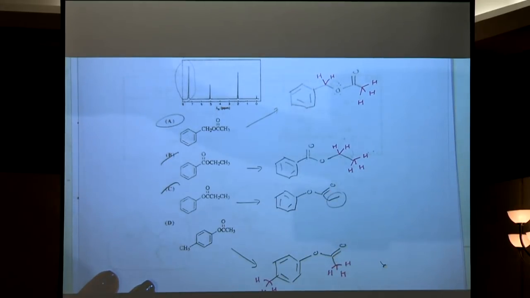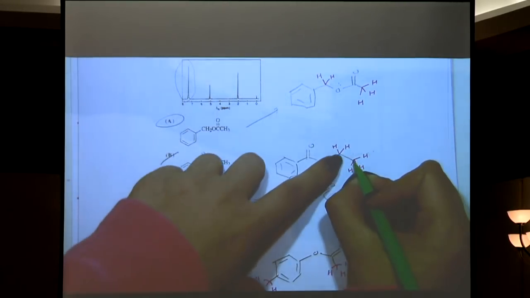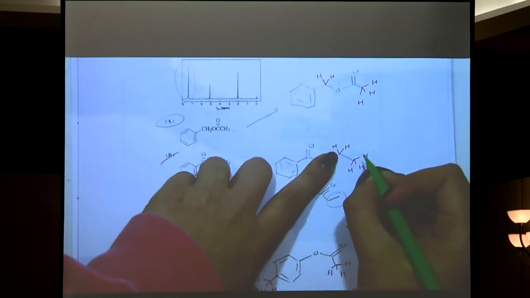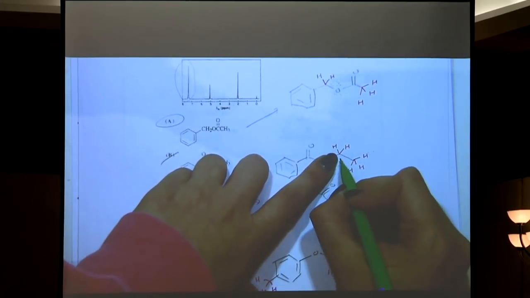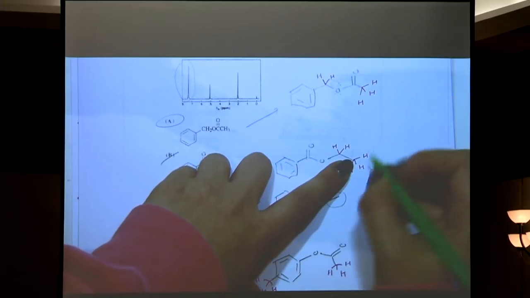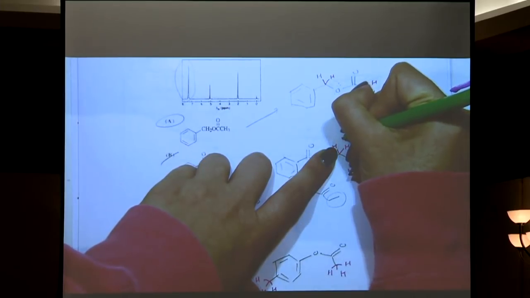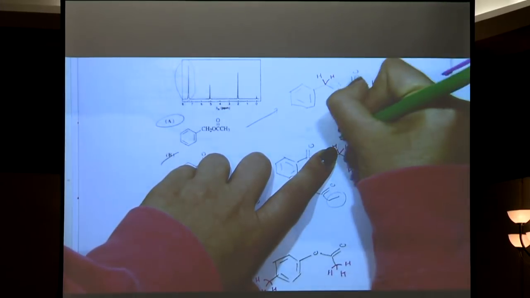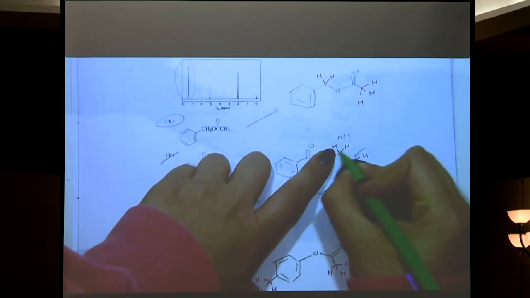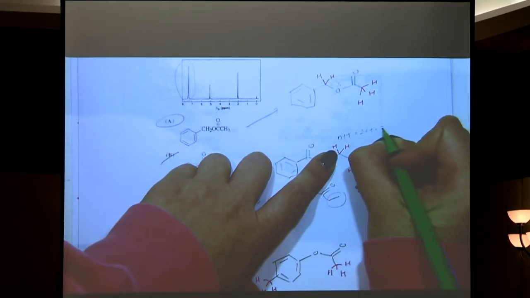When you're looking at splitting patterns, you look at the carbon that's right adjacent to the one that you're analyzing. If we look at this one, the carbon adjacent to it has 2 hydrogens. So these hydrogens are going to split this into a triplet. You use the n+1 rule, n being the number of hydrogens. In this case you have 2, so 2 plus 1 is 3.